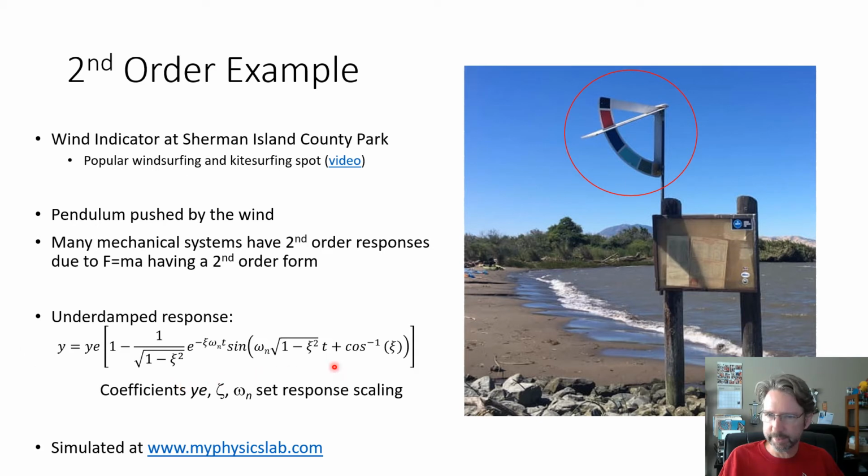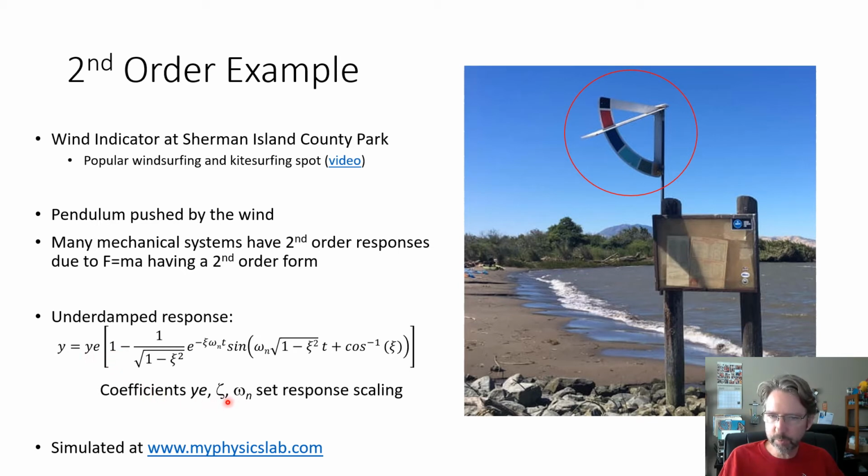It has this look, which looks very complicated, but it's got an exponential decay term and a sinusoid. So it oscillates from the sine and it decays, and that's all being subtracted from 1. So eventually we reach this steady state value of y_e.